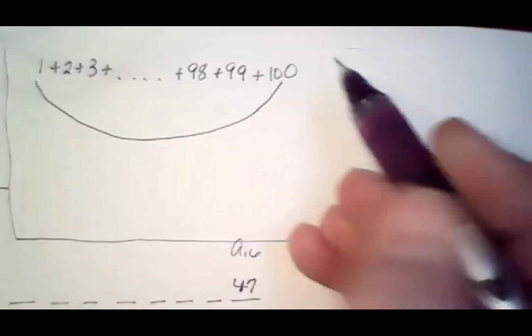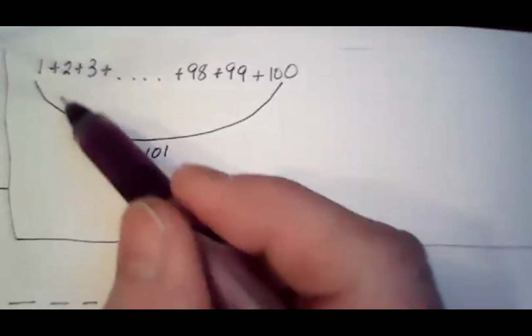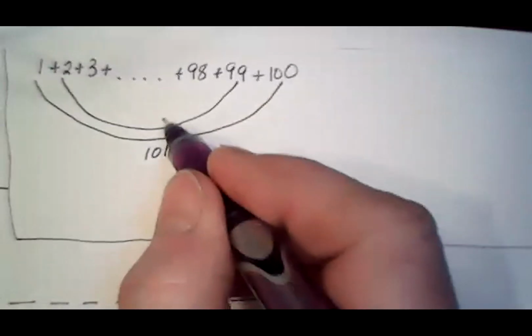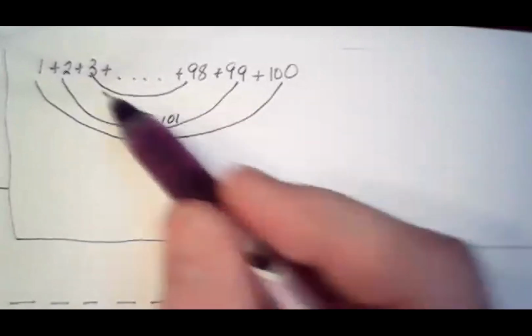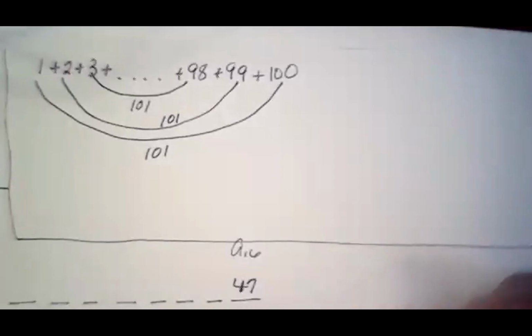Well, he noticed that if you took the first and the last term and added them together, you got 101. If you take the second and the second to last, you still get 101. And if you take the third number plus the third one from the last, you still get 101.